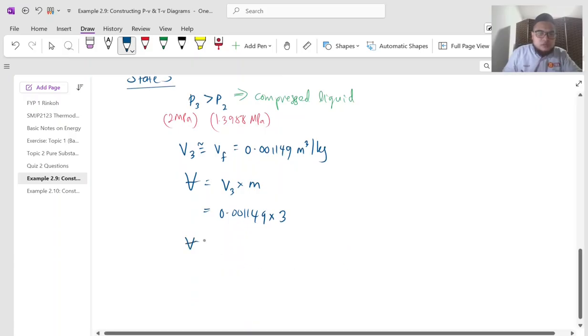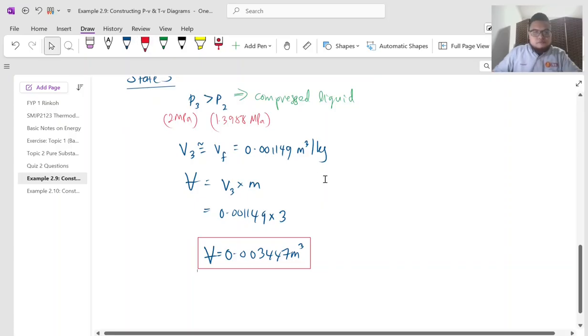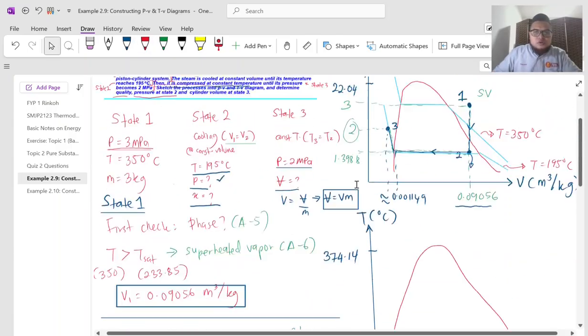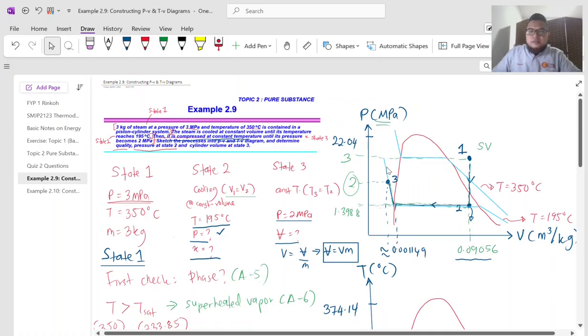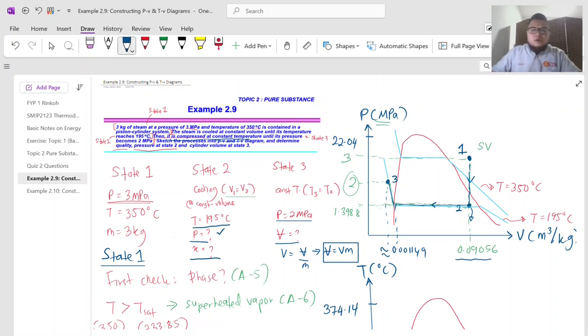Now that will turn out to be 0.003447 meters cubed. So now you have just drawn the PV diagram, right? State 1, 2, and 3. All right. What about the TV diagram?